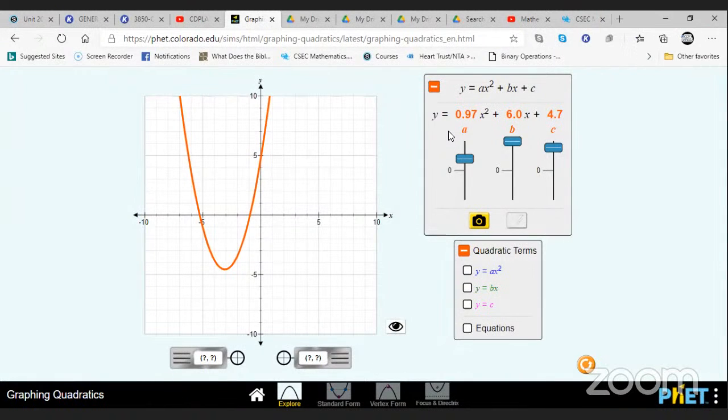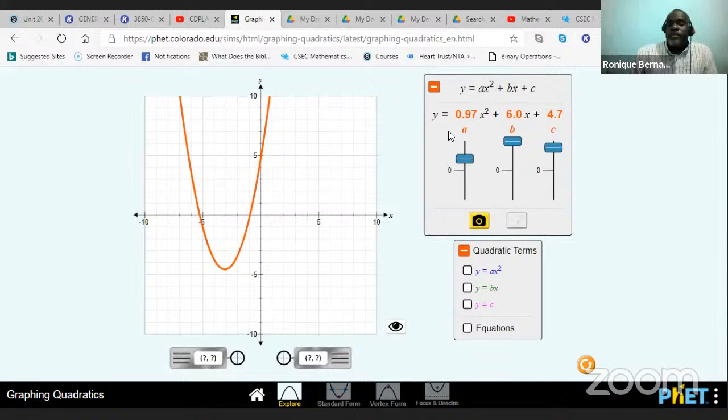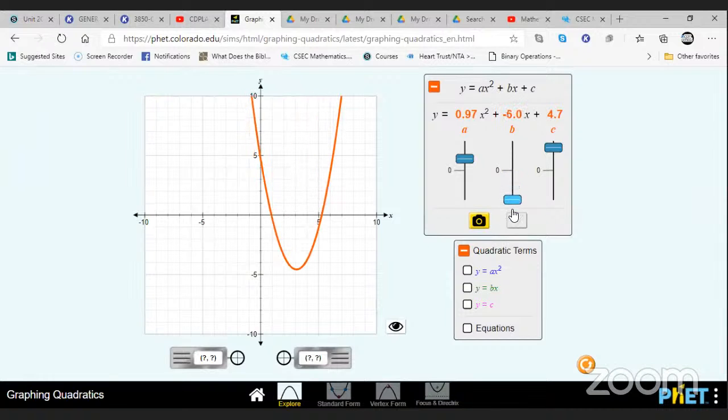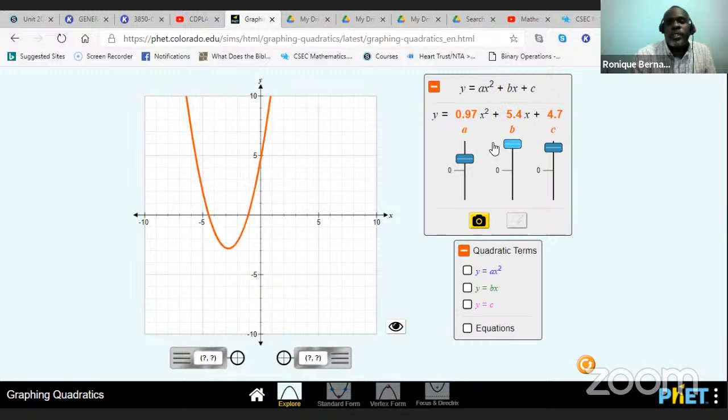Yes, sir. I am actually moving it positive, negative, but what I want you to look at on the x-axis is the motion of the graph. It doesn't say anything, we're just exploring this graph.